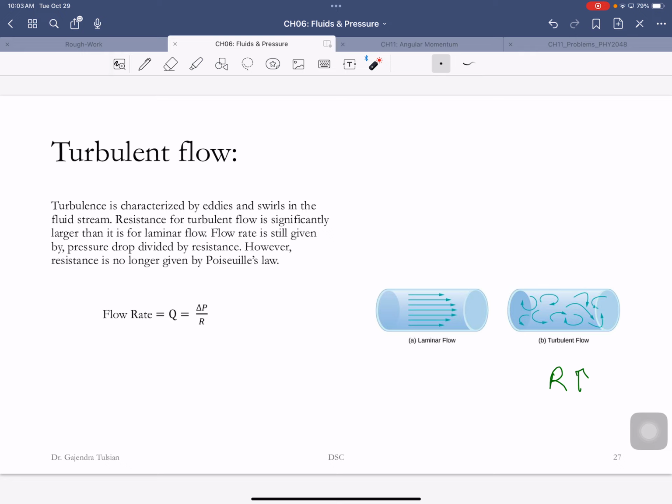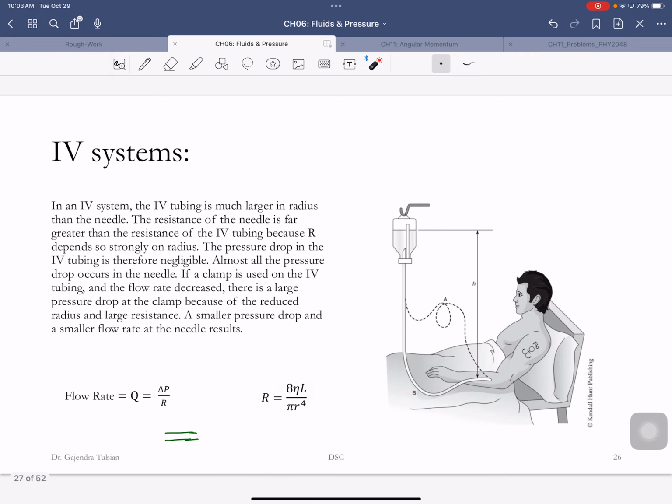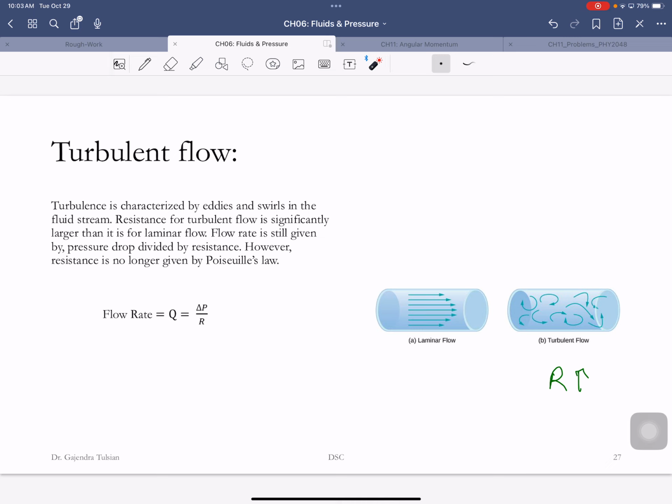All right, so we're going to talk about turbulence now. When it's laminar flow like this, by the way, this formula works for the resistance: 8 eta L over pi r to the power 4. When the flow is turbulent, this formula doesn't work.